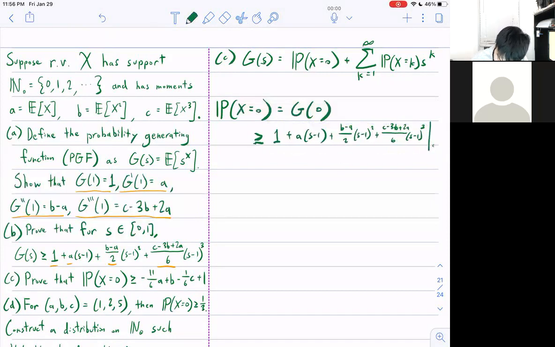So this is all at s equaling 0. Then we just have to simplify this: 1 plus a times minus 1, plus b minus a divided by 2 times 1, plus c minus 3b plus 2a divided by 6 times minus 1. And then I'll leave the algebra to you guys, but this does indeed equal the final expression we want to prove.